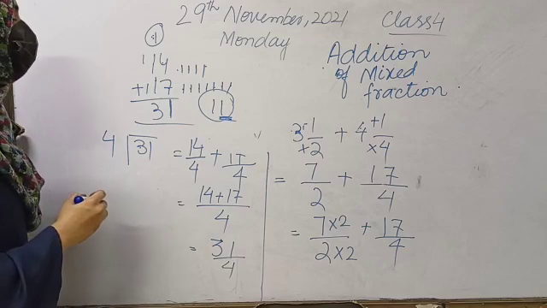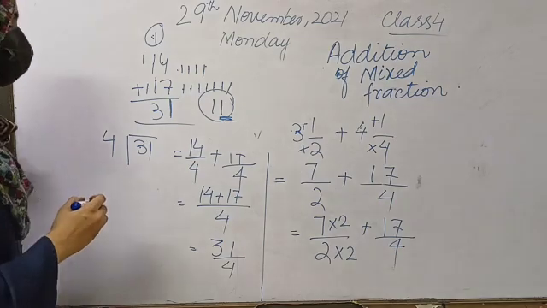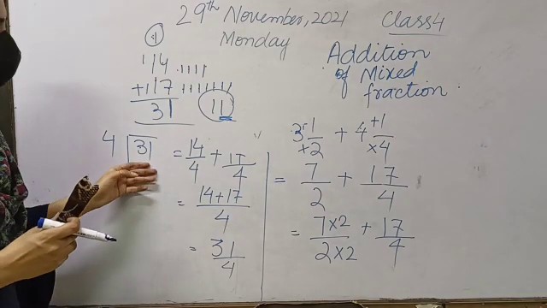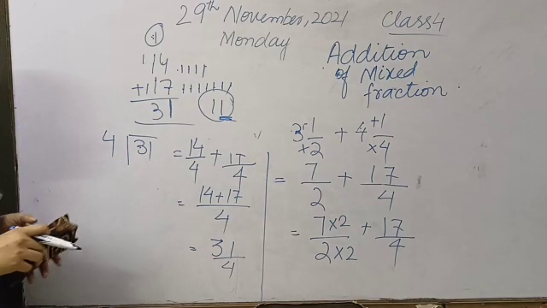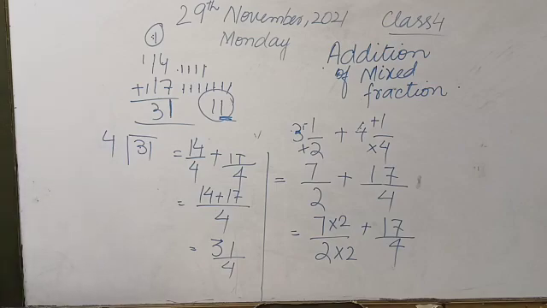For how many times I will multiply 4 to get the nearest number of 31? So for this I will read the table of 4. Yes, Abdullah, you tell me by how many times I will multiply by 4?